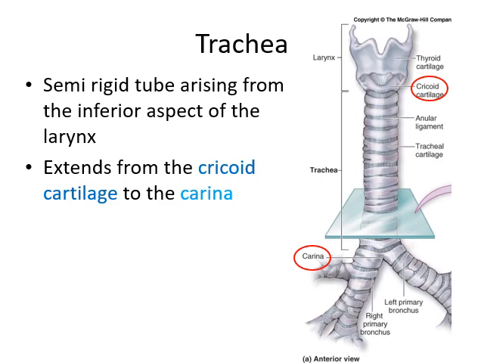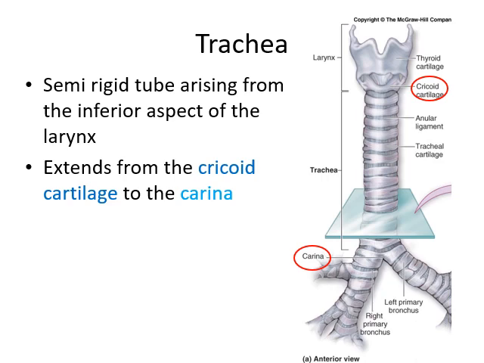In the diagram, you can see I have circled it in red, starting from the cricoid cartilage up to the carina. So that is the extent of the trachea. Okay, so we call the trachea a semi-rigid tube arising from the inferior aspect of the larynx.